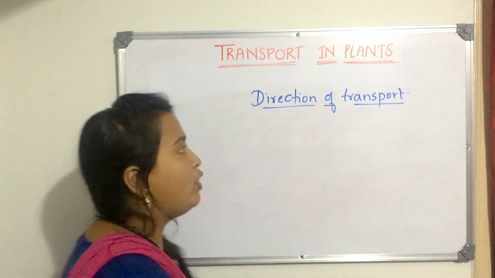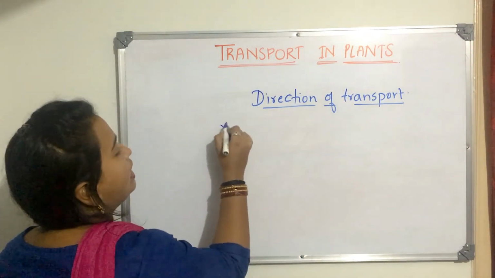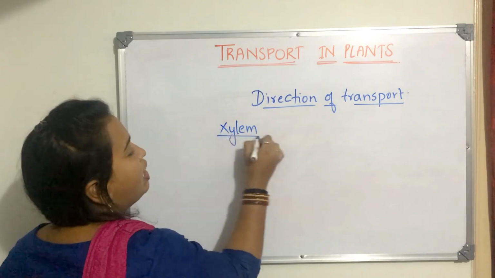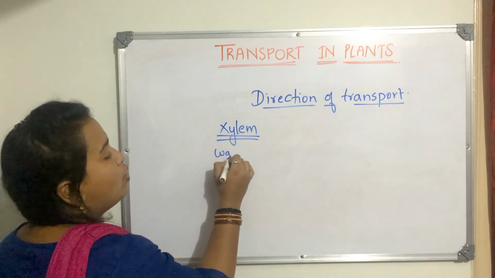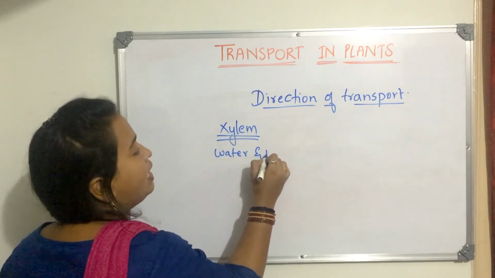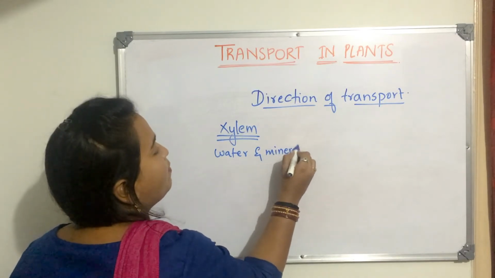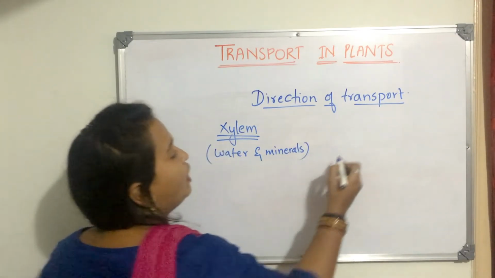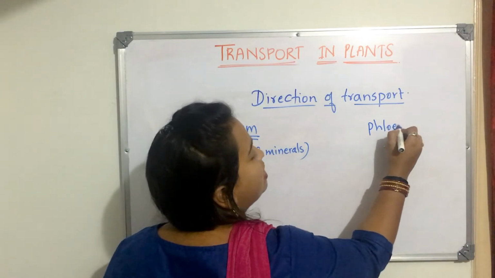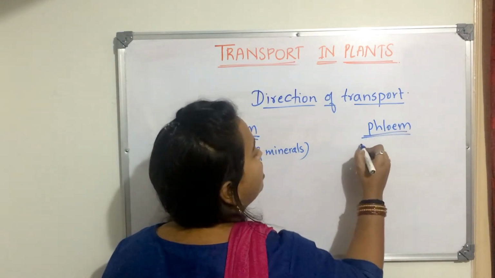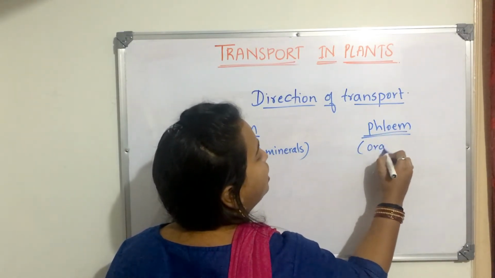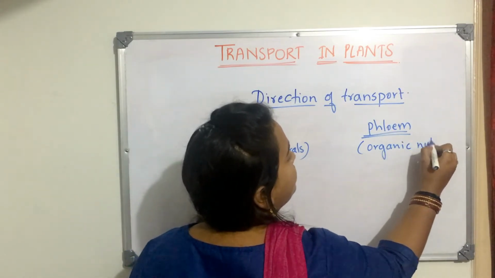Xylem is a vascular tissue which helps in the transport of water and minerals, right? And phloem is a vascular tissue which helps in movement of organic nutrients, right?